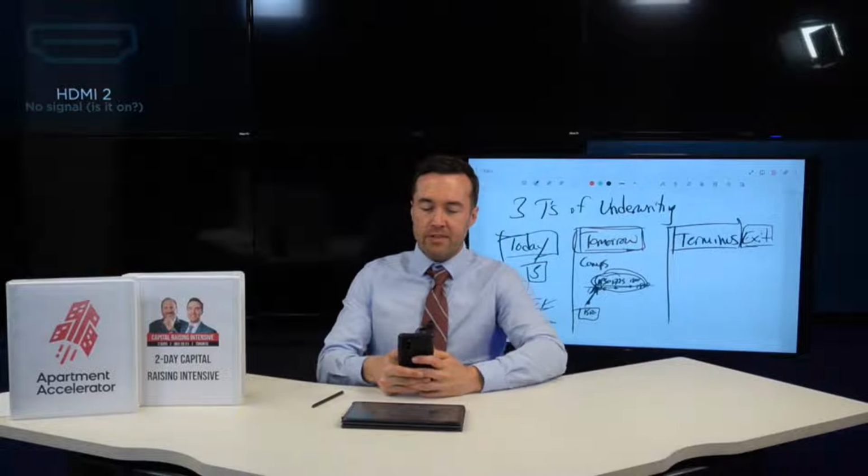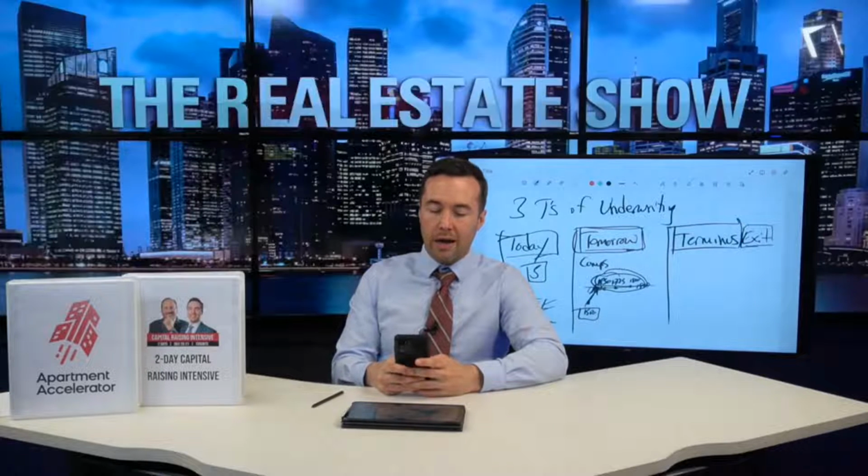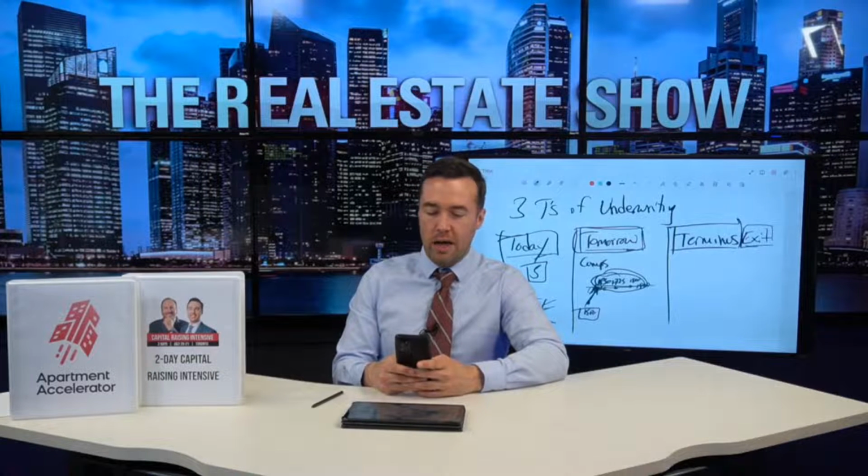Let's say your net operating income for the deal is $1.5 million per year. At a 5 cap, that gives you a valuation of $30 million. Bang on. Great example. I guessed it right. Okay, so $30 million.